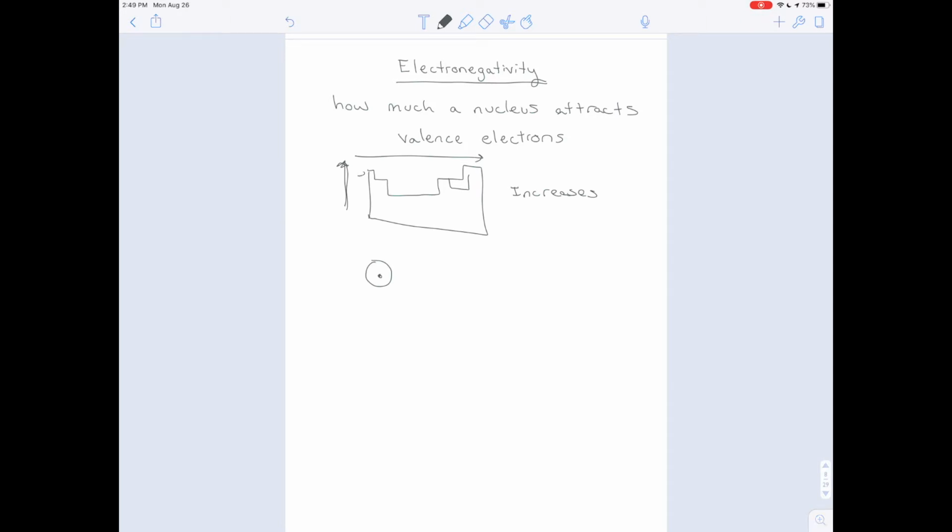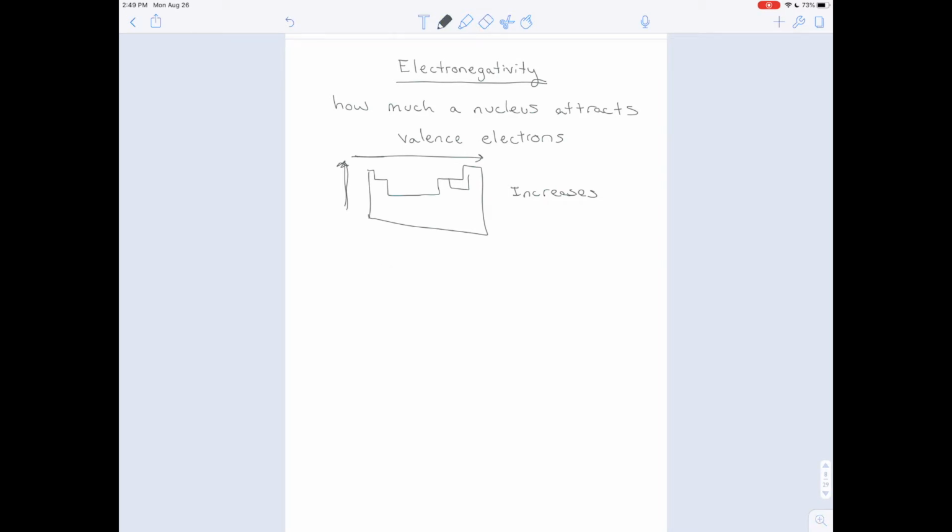At the top, they're really close, and as you go down, the electrons get in more and more layers, and they get further from the nucleus, so they don't feel it quite as much. So the electronegativity increases as you go up, because the electrons get closer to the nucleus, so they can feel that positive charge more.